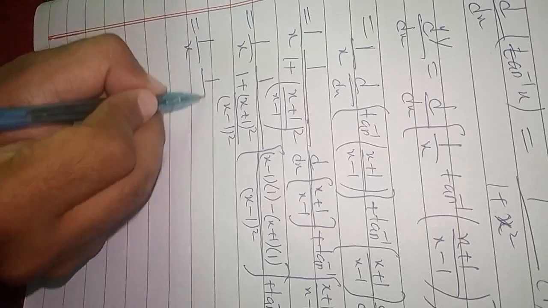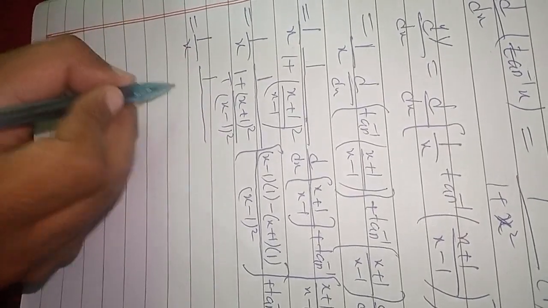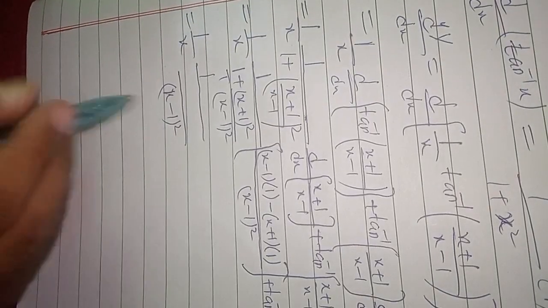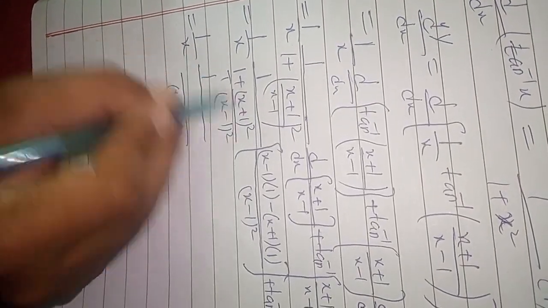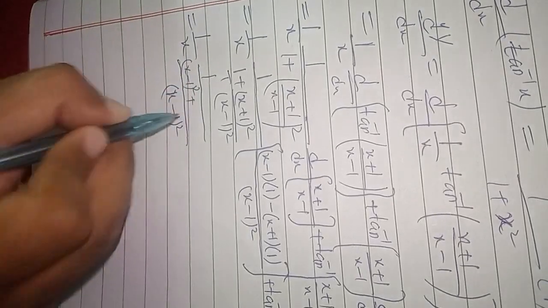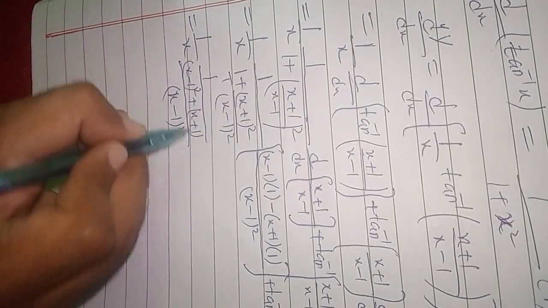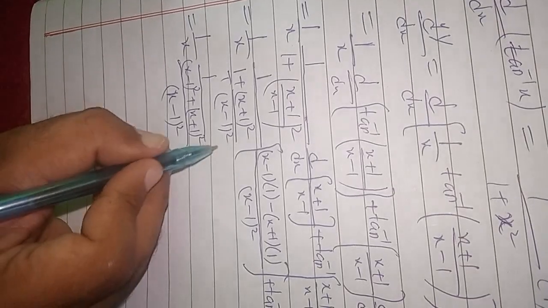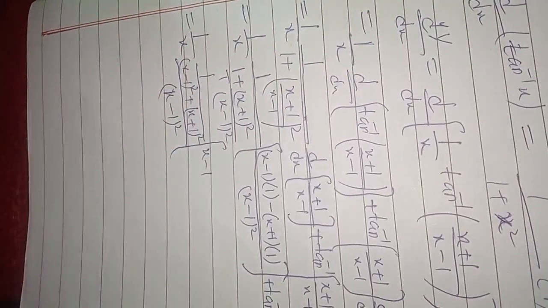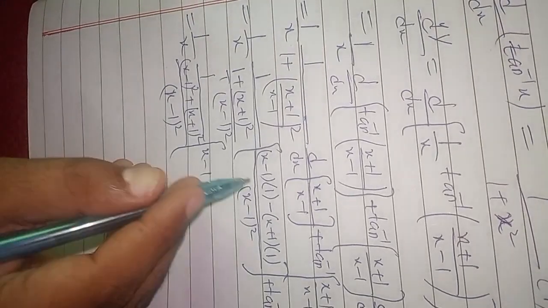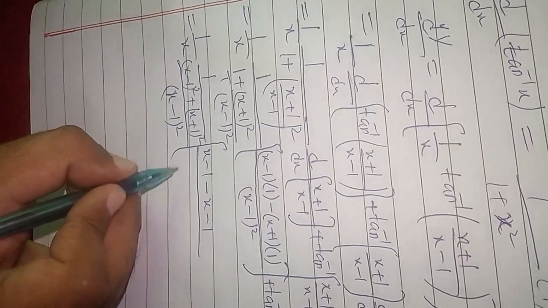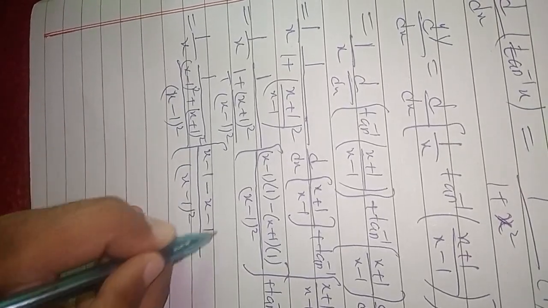So now after simplification, after taking LCM of 1 plus x plus 1 square over x minus 1 square, the LCM will be x minus 1 square, and we will take the cross LCM. This will be x minus 1 square over x plus 1 square. After simplifying the quotient rule, x minus 1 will come the same as it is, and we will multiply the minus with the x plus 1.